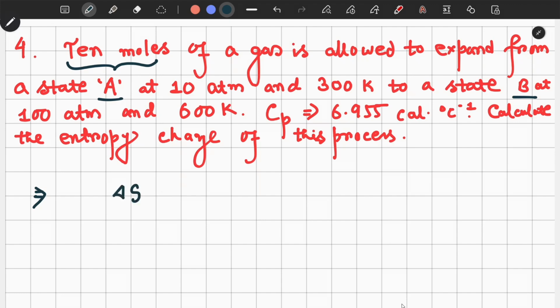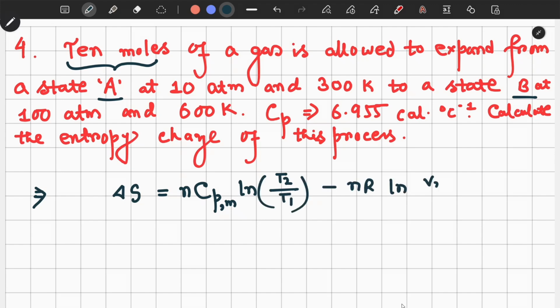There are a few formulas. Delta S equals n Cp ln T2 by T1 minus nR ln P2 by P1. Yes, exactly, P2 by P1. Okay.